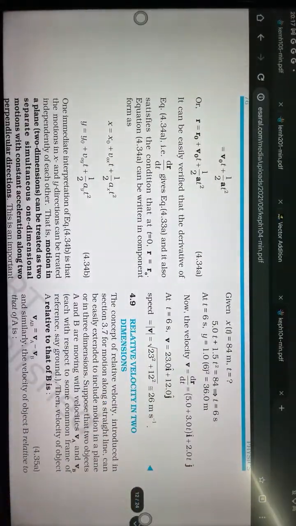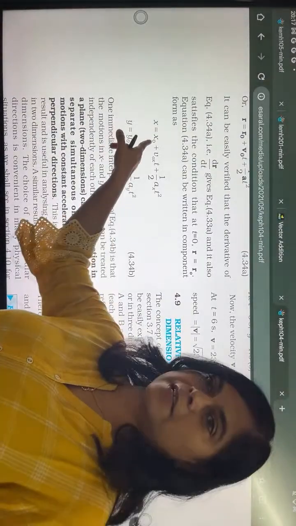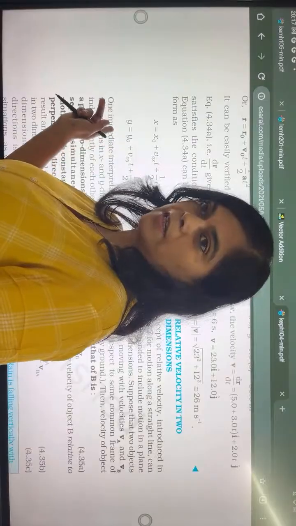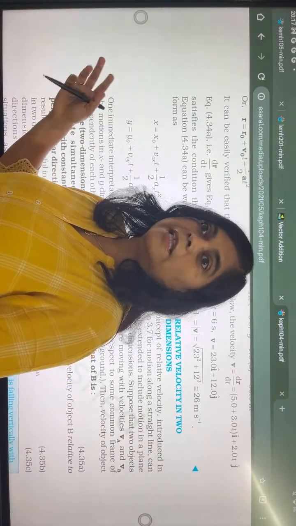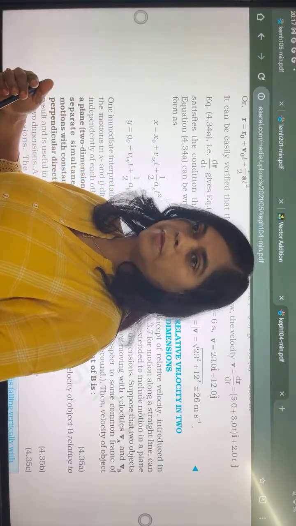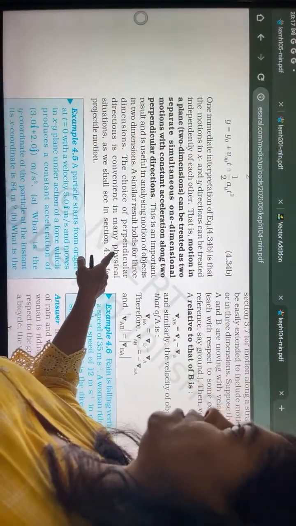See, based on this it is given what we have discussed here. I have told you, X minus X naught also you can take. Same way, Y minus Y naught also you can take. In the place of R minus R naught, they have substituted the components, the x component and the y component. So 2D and 3D also you can understand.